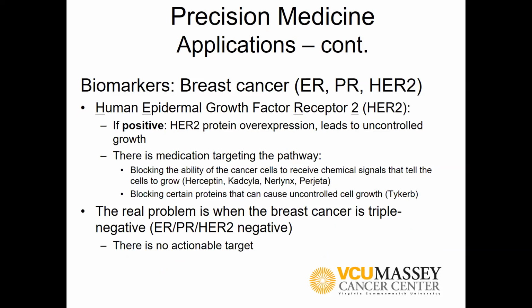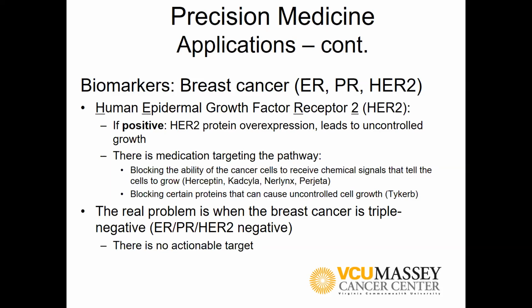The third of these is HER2, which stands for human epidermal growth factor receptor 2. If it's positive, then the HER2 protein is overexpressed, and it leads to uncontrolled growth.